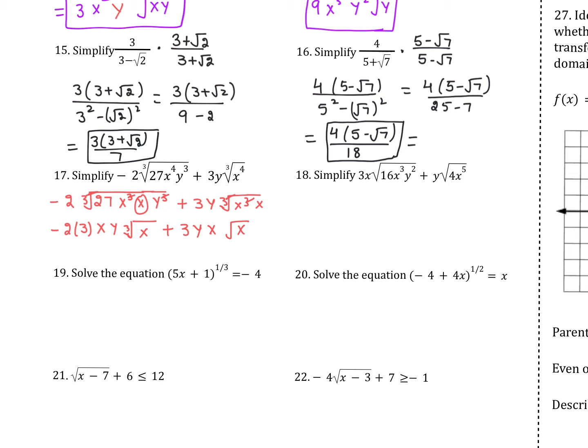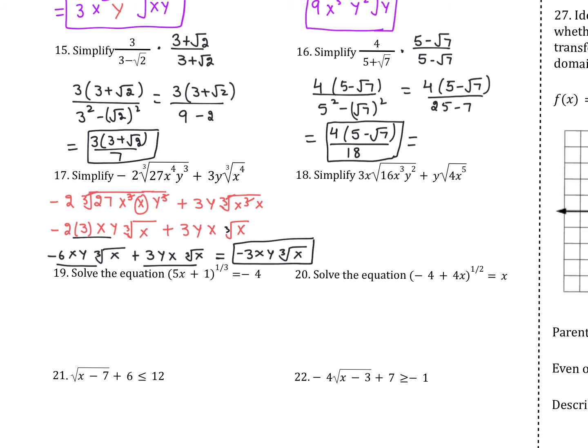So this is going to give us negative 6xy cube root of x plus 3yx cube root of x. They are exactly the same types. Now they can be reduced to negative 3xy cube root of x.